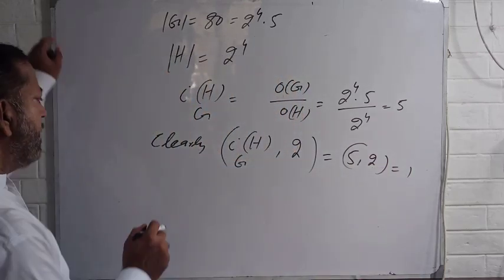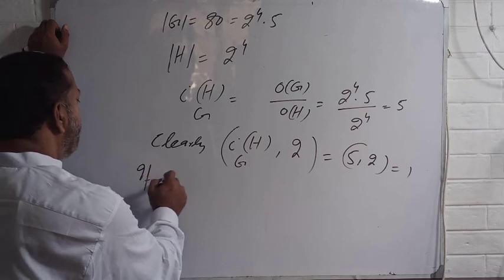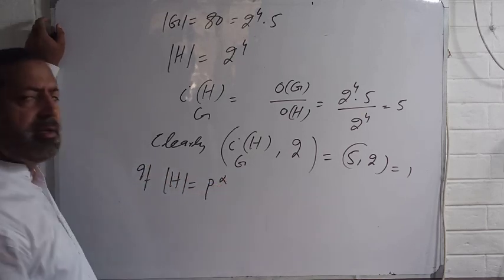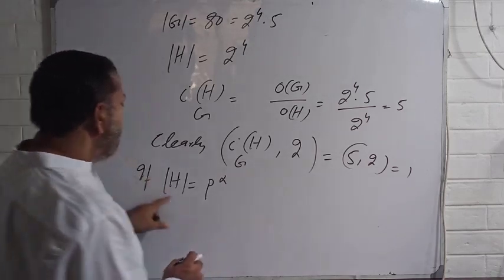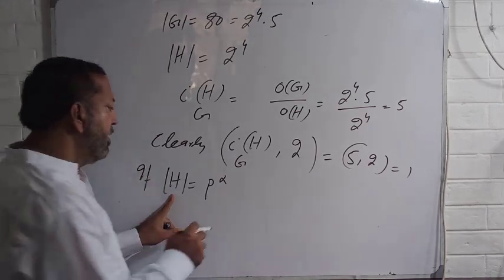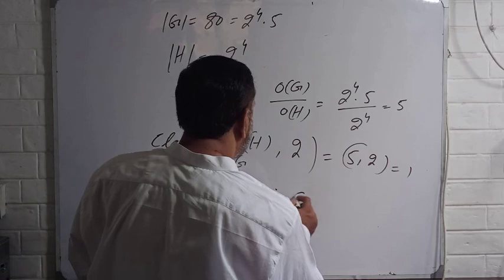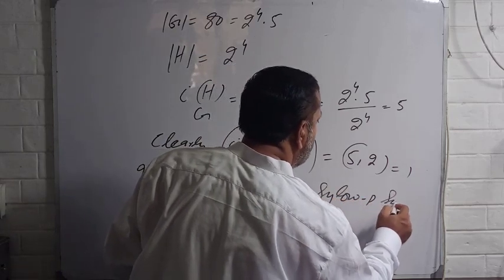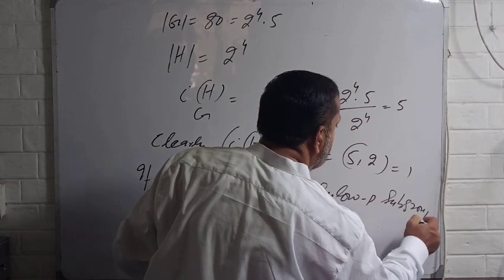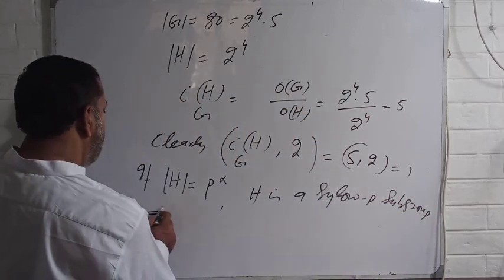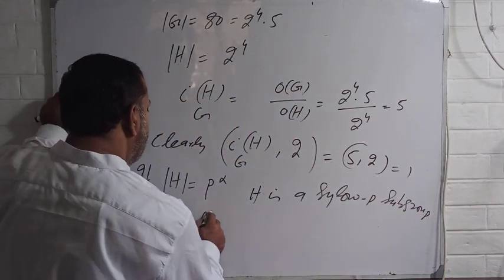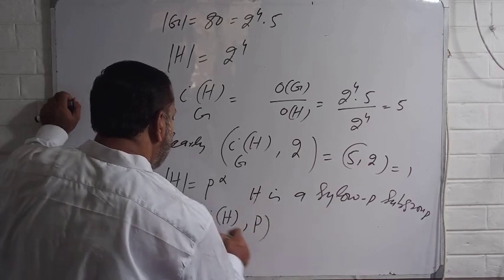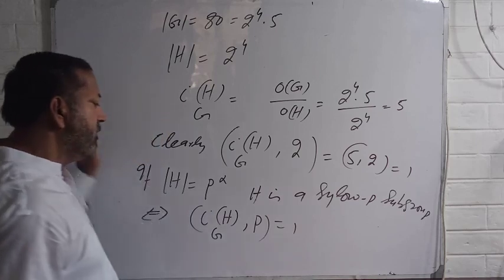So what I am saying is that if order of H is equal to p power alpha, then H is a Sylow-p subgroup if and only if the index of H in G and p are relatively prime, that is, their gcd is 1.